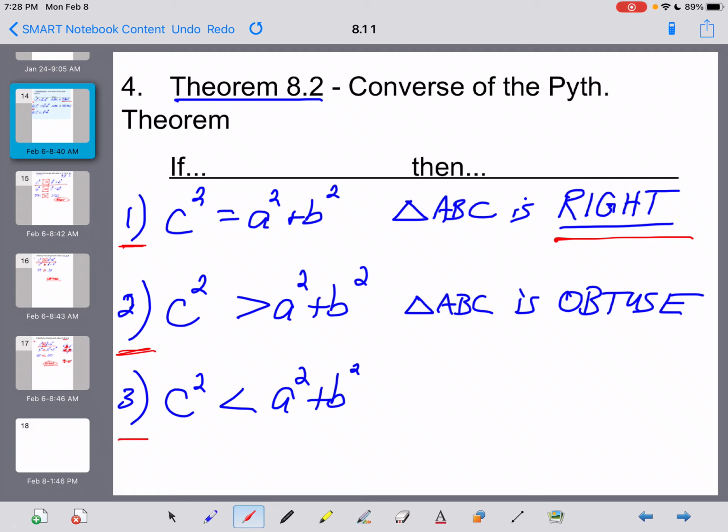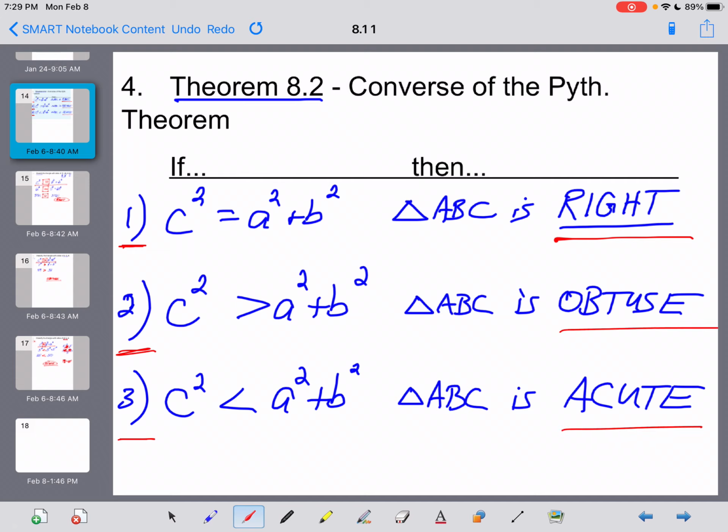And now the third one here, when c squared is less than a squared plus b squared, that is when triangle ABC is acute. I remember that from the equilateral case that points me in the right direction. So these are the 3 ways you can classify a triangle based on how the converse of the Pythagorean theorem works out.